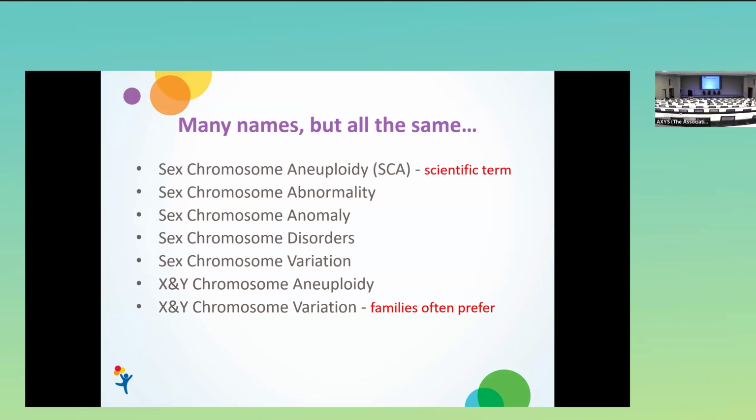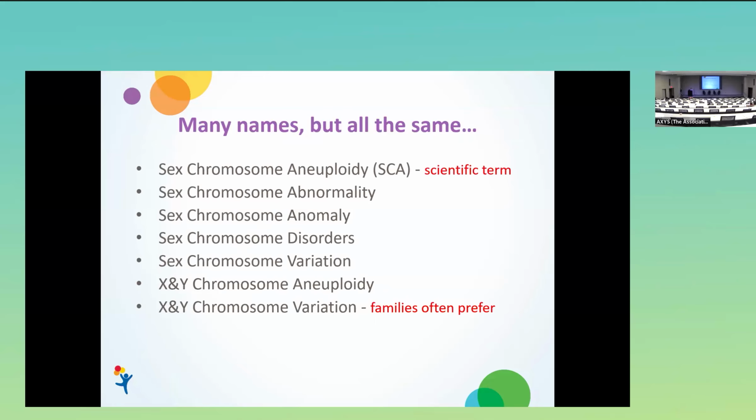And a lot of these conditions have many names, but for all intents and purposes, they're referring to similar conditions. So a scientific term that's commonly used in the literature is sex chromosome aneuploidy, because it's very descriptive from a biologic perspective, or SCA.